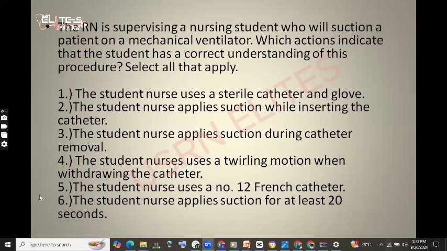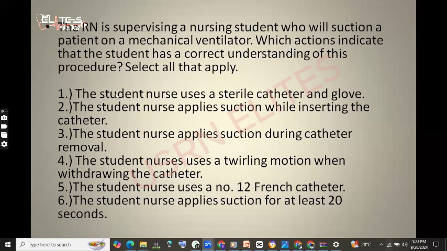What are we looking for? We are looking at the techniques involved in doing proper suctioning. So whichever option you choose should be a correct one, right? Yes. So with select all that apply, let's do it together.